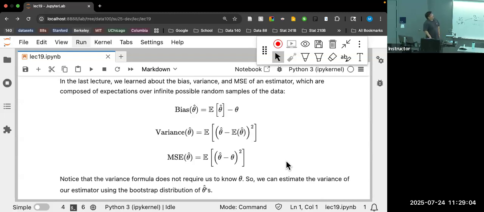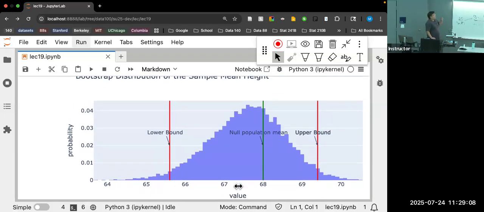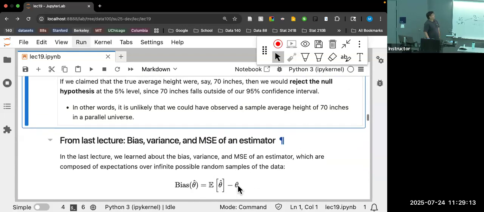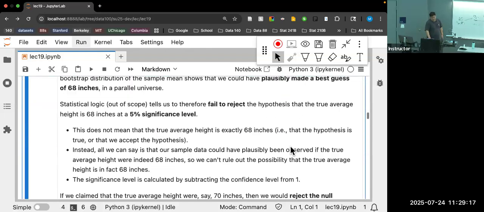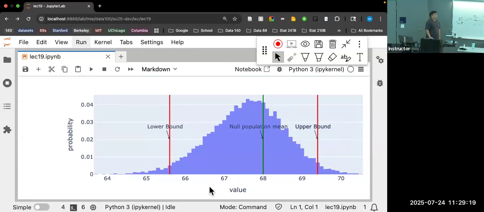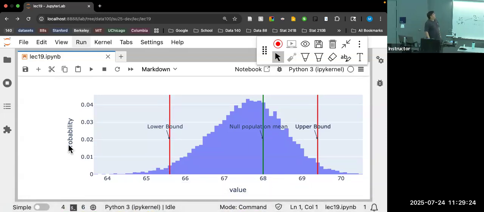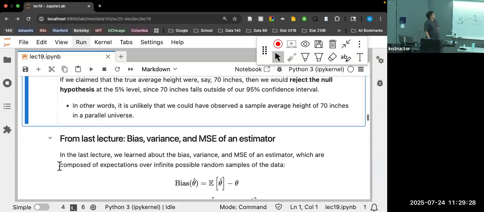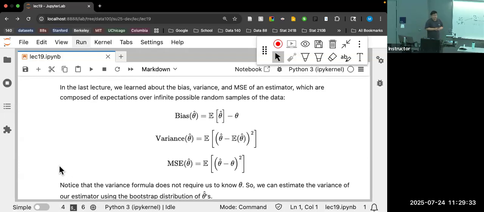But now, with our bootstrap distribution, we can use this to estimate the expectation and the variance of our estimator, x bar, because this itself is a distribution of x bars, the x bars I computed from my bootstrap samples. So what are we gonna do? Let's start with expectation. I want the expectation of x bar, here is theta hat.